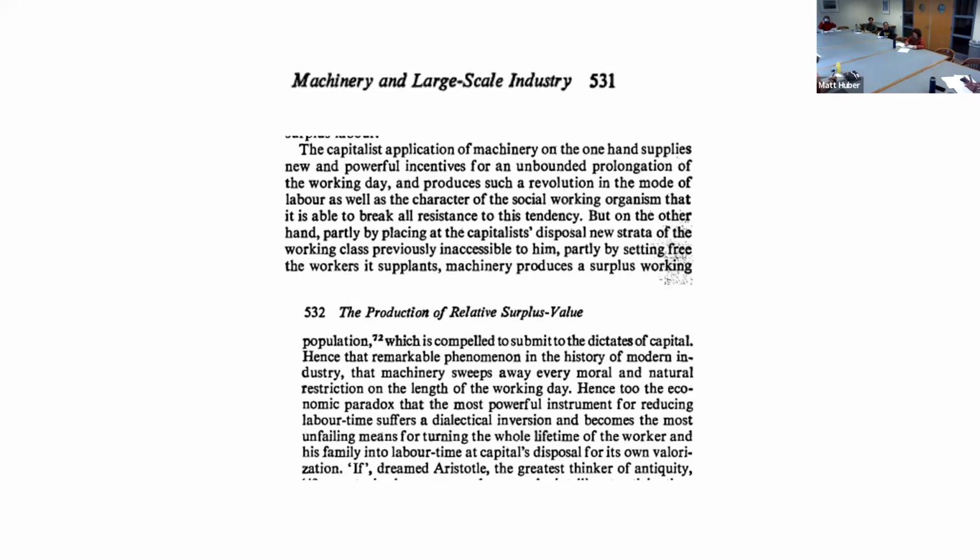He's going to really flesh out this concept of surplus populations later. But here he's saying that machinery sets free all these workers and throws them into this surplus working population. Once you're thrown into that surplus, you're compelled to submit to the dictates of capital. You're like, desperate. Capital, please hire me. I'm desperate. I've been fired.